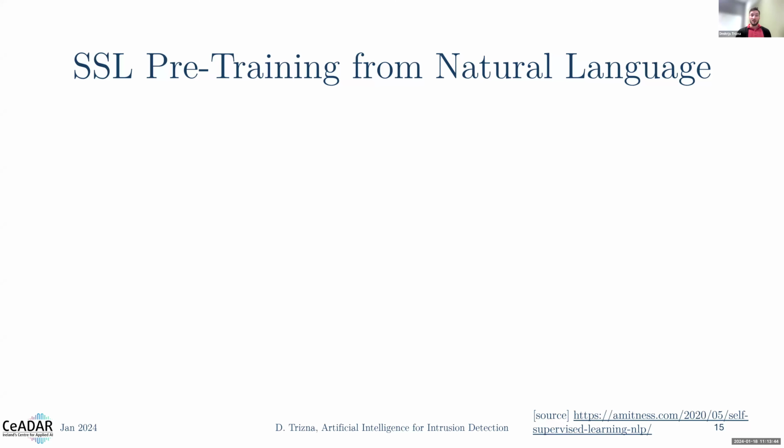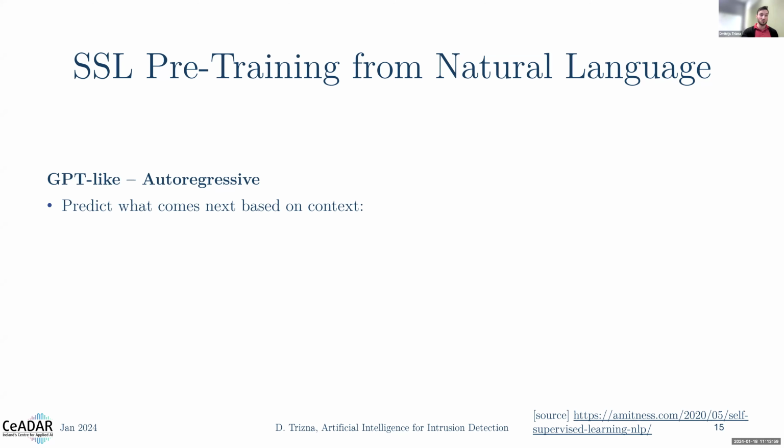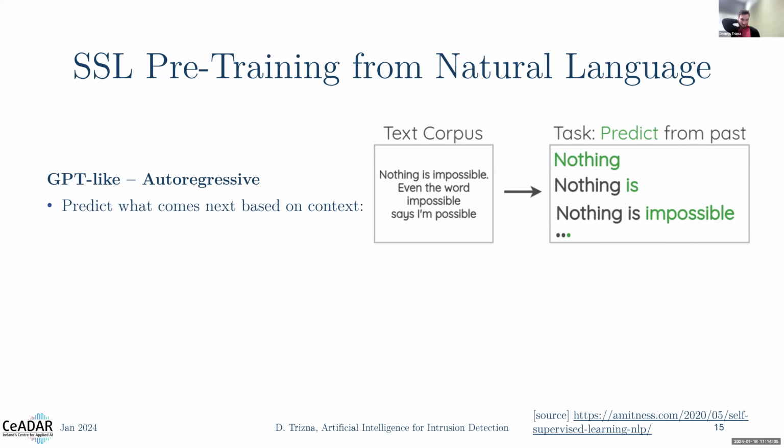And how does self-supervised pre-training actually happen for natural languages? There are two common paradigms here. GPT-like, which is more scientifically called autoregressive, and in easy words, it's basically: predict what comes next based on the previous context. Here we can assume, for example, that our context is nothing, and the next token should be "this".